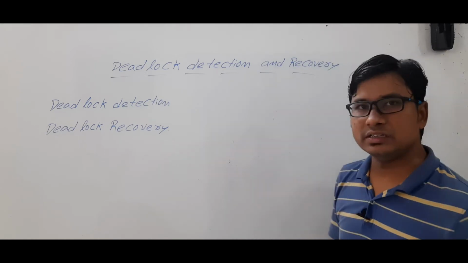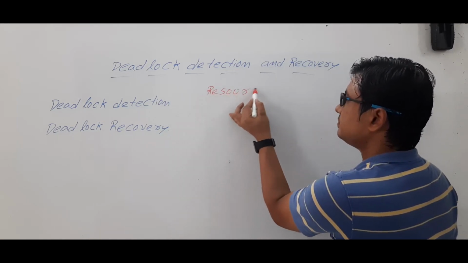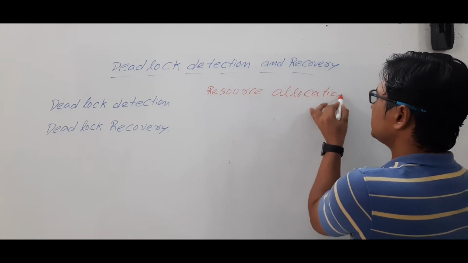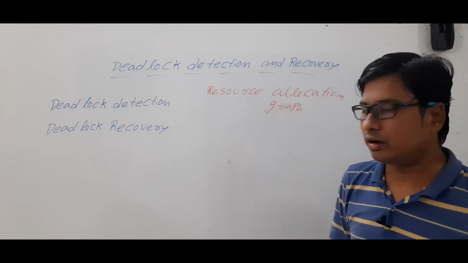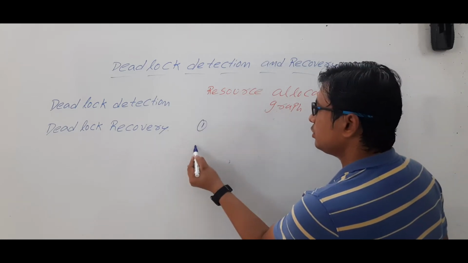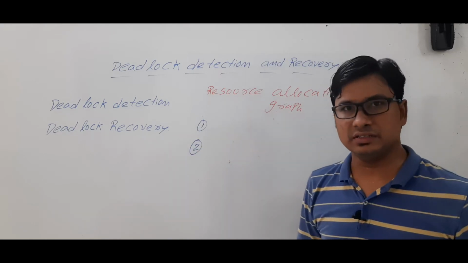We have already discussed about the resource allocation graph. By looking at the resource allocation graph, we can find whether there is a deadlock or not. In a resource allocation graph, we have two types of vertices. One is the process and another one is the resource.